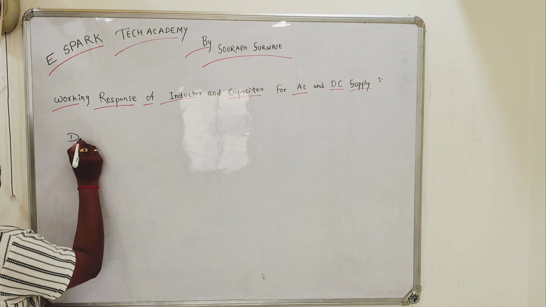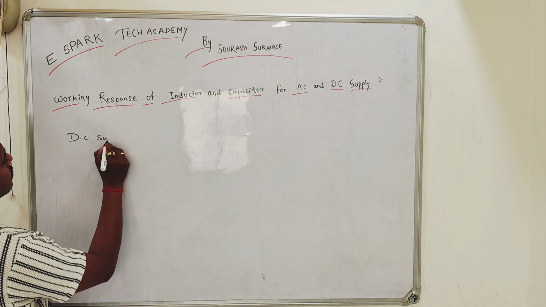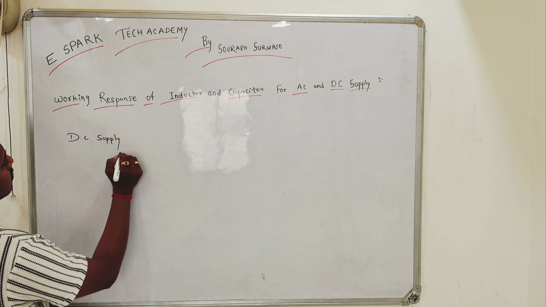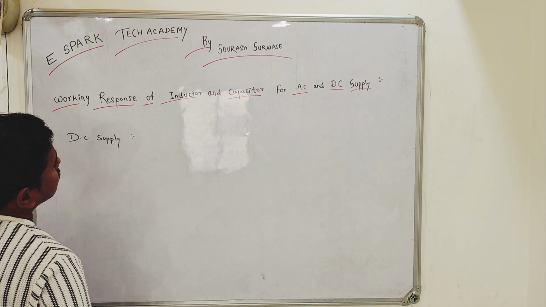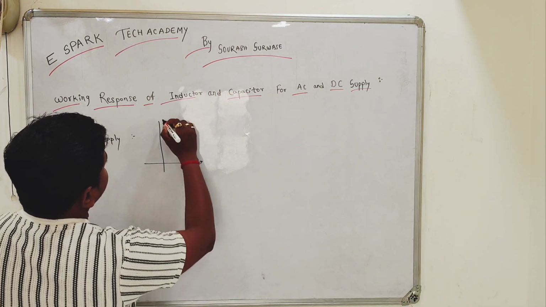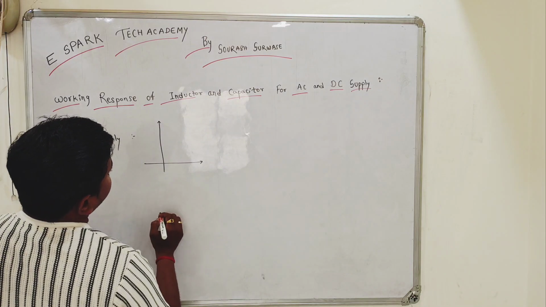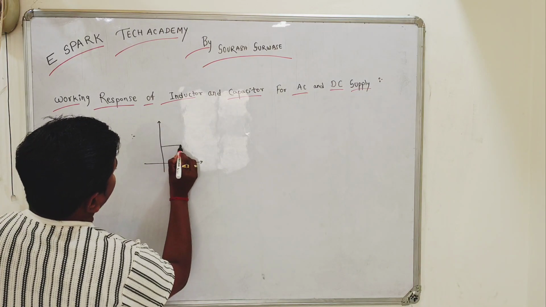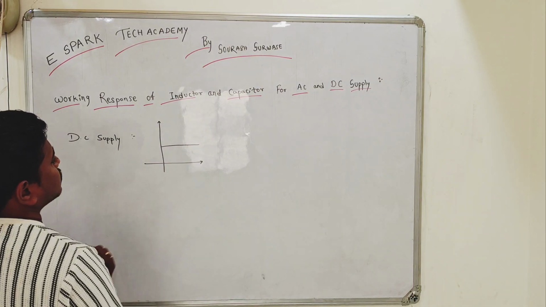For DC supply, there will be constant voltage.